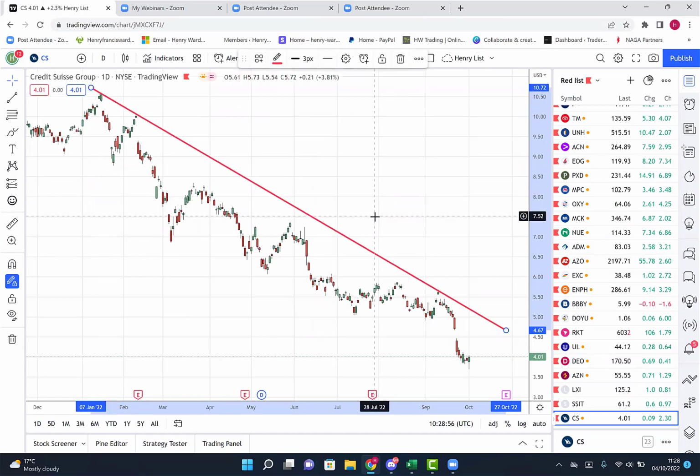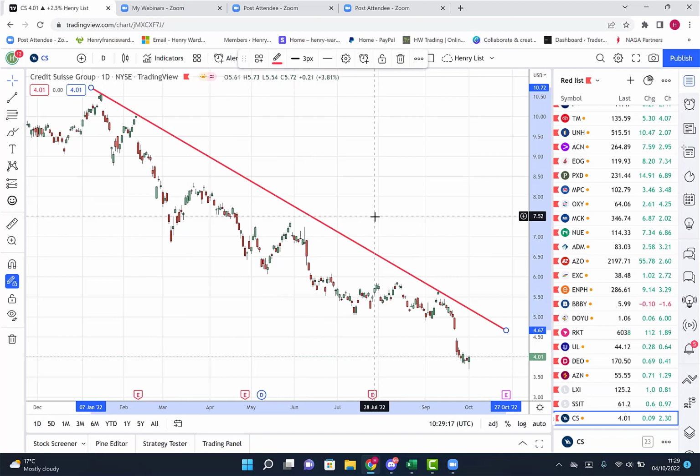Okay, so remember The Big Short? Anyone who's watched The Big Short, CDOs and all that stuff, and credit default swaps and all this sort of thing. So the credit default swaps on Credit Suisse have gone through the roof. They've gone really, really expensive.